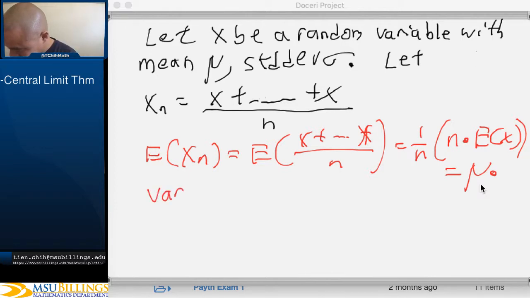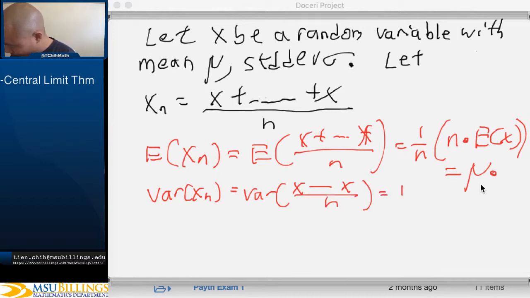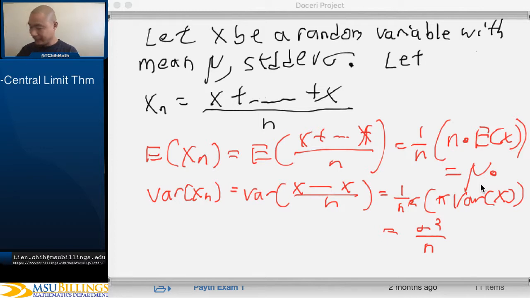The variance of xn is going to be the variance of the whole thing again, which is going to be 1 over n squared, right? When I pull out the 1 over n, it becomes n squared times n copies of the variance of x, which is going to be, well, an n here and an n there cancel, so sigma squared over n.